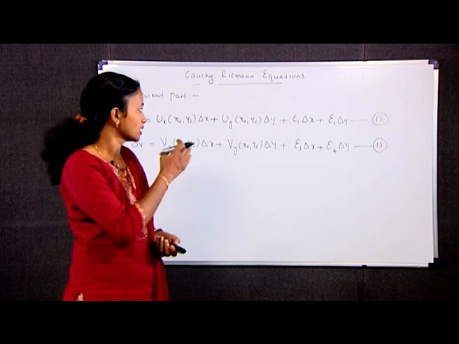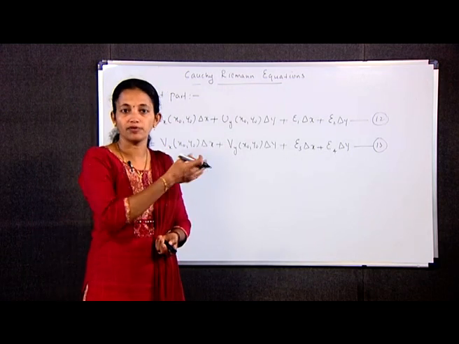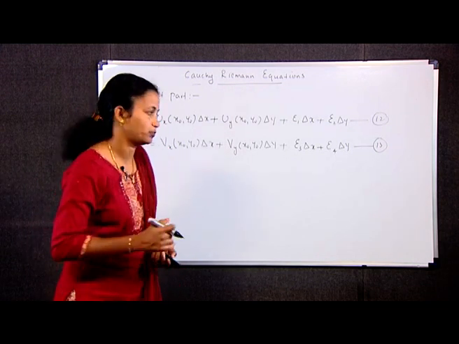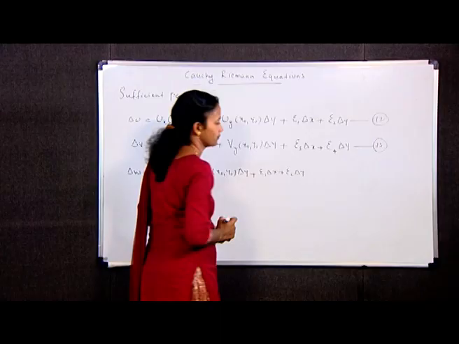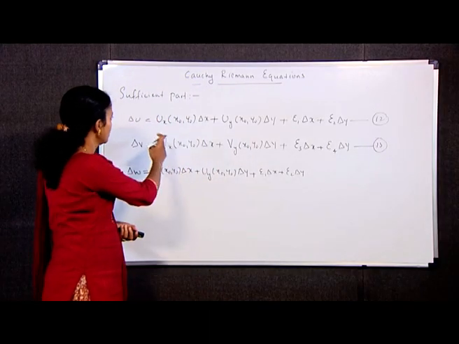Substituting expressions 12 and 13 into our previous equation number 11, we obtain delta w is equal to ux(x0, y0) delta x plus uy(x0, y0) delta y plus epsilon 1 into delta x plus epsilon 2 into delta y. This is our delta u.